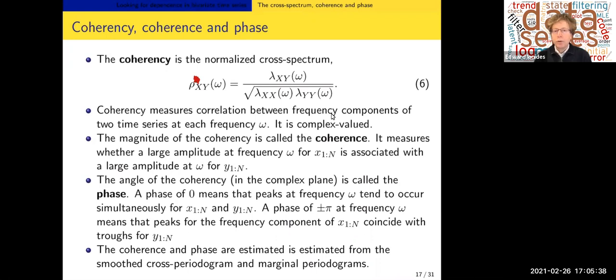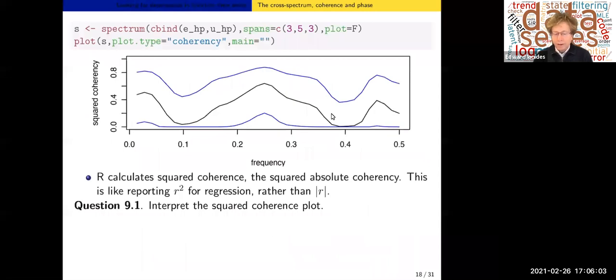And so once you can estimate the bivariate periodogram, you can smooth it and estimate the coherency, and then take the phase and the coherence, and then it becomes a question of interpreting these things. So let's have a go at doing that.